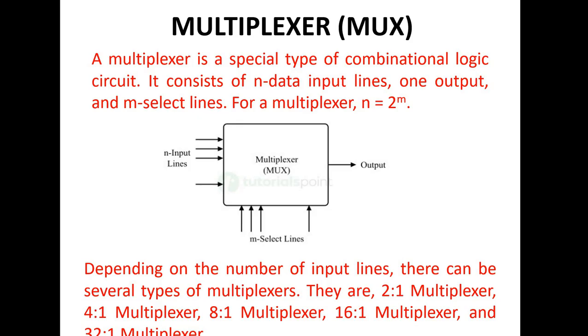In 8 cross 1 multiplexer, 3 selection lines are used. The selection line is used to select the input line. So the selection of the desired data input to flow through the output line is controlled with the help of the selection lines.